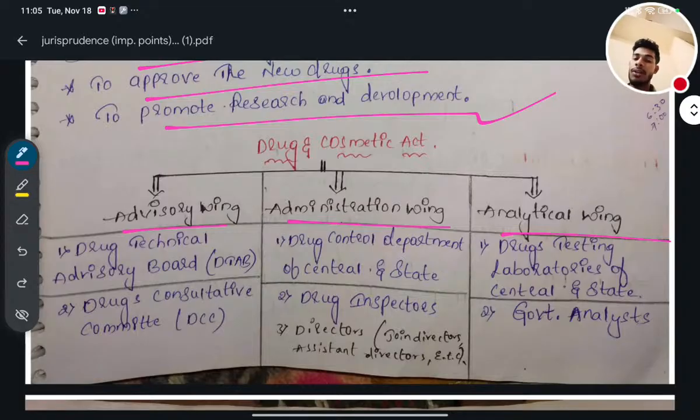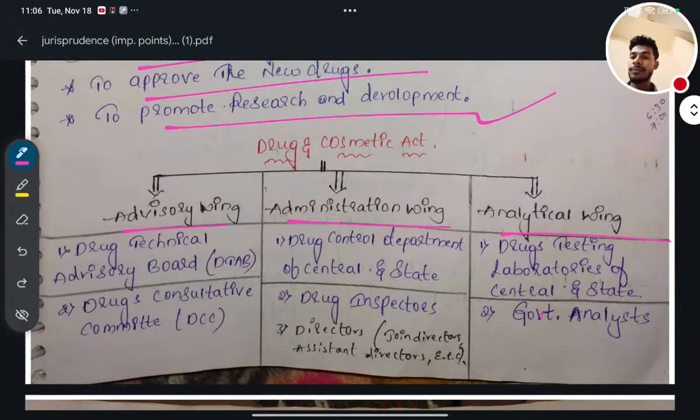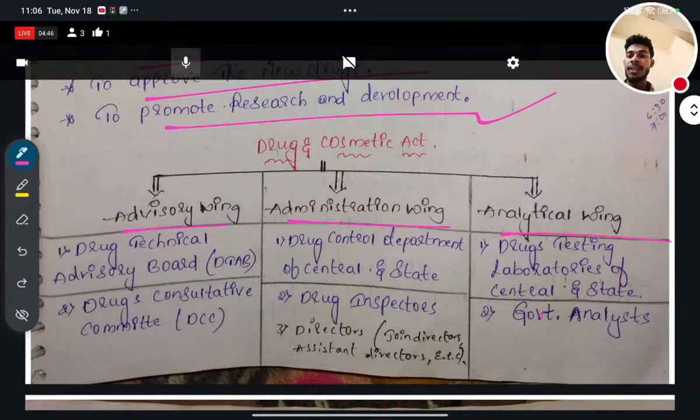You can write or you can take a screenshot. So the 3 different wings in the Drugs and Cosmetics Act are advisory wing, administration wing, analytical wing.